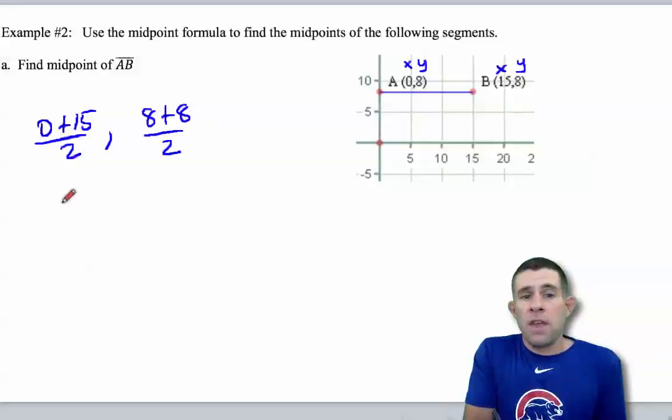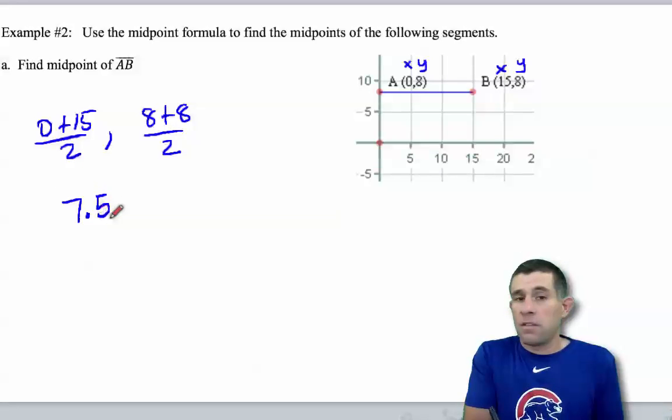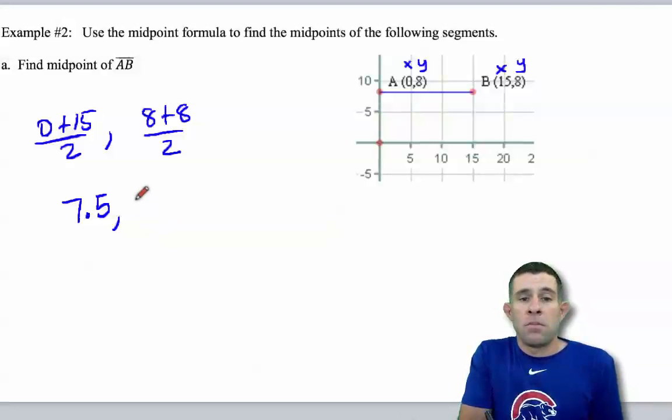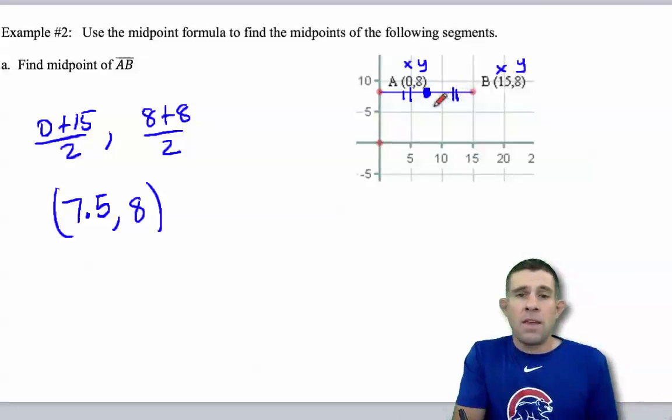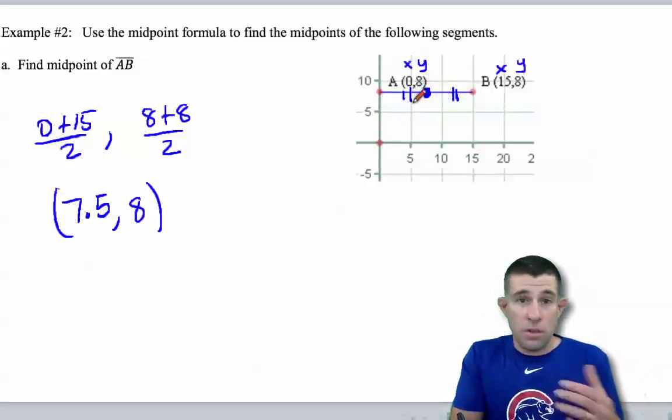So that gives me 15/2, which simplifies to 7.5, and that gives me 16 divided by 2, which simplifies to 8. Now if I go ahead and plot that point, 7.5 over, 8 up, you'll see in fact that is the midpoint, breaking that segment AB up into two smaller congruent parts.